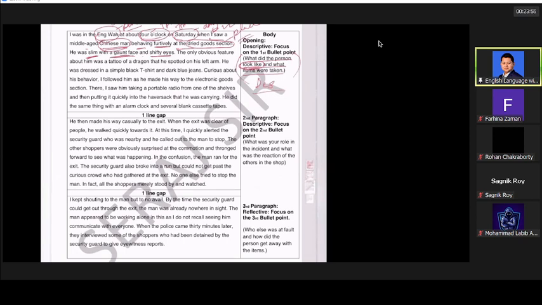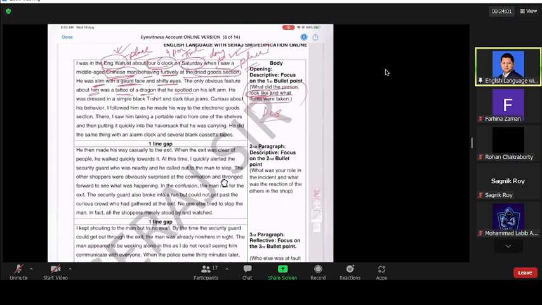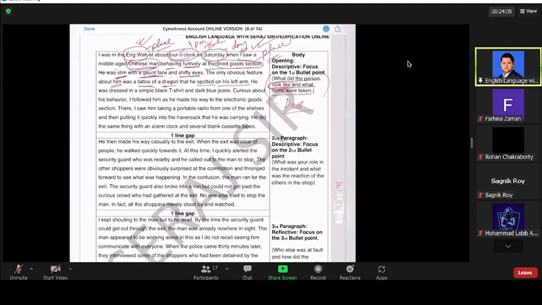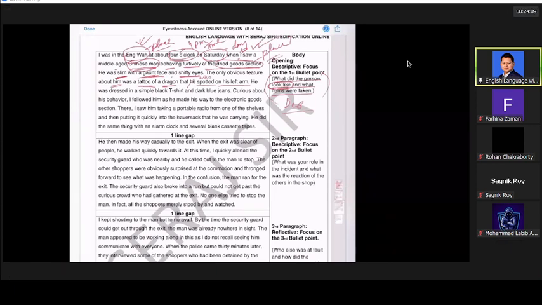"The only obvious feature about him was a tattoo of a dragon that he spotted on his left arm." "That he spotted" should be "that was spotted", it's a grammatical problem. "That was spotted on his left arm. He was dressed in simple black t-shirt and dark blue jeans." See, specific, vivid description. We call it vivid description.